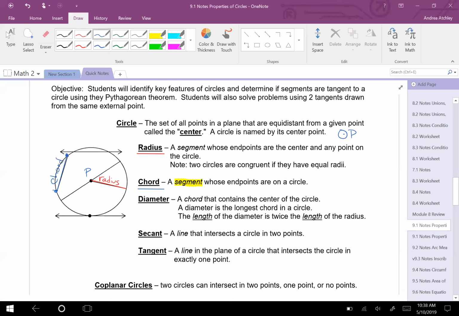A diameter is a special chord that goes through the center. It always passes through the center. It's the longest chord in a circle, and the length of the diameter is twice the length of the radius.